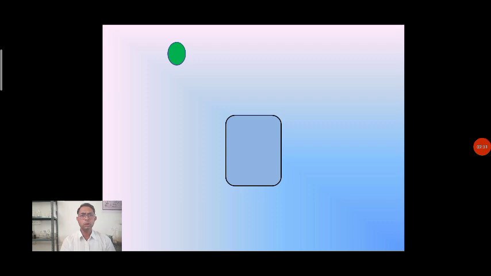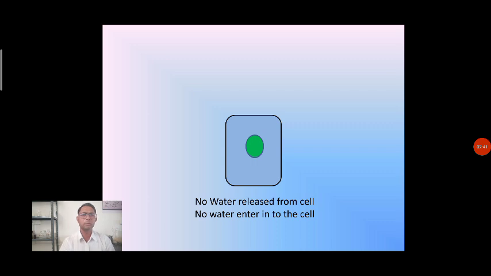Now here you can see this one is the setup: suppose we have a beaker, and in the beaker we have added a cell, say for example a plant cell, to the water. No water is released from the cell, and no water enters the cell.